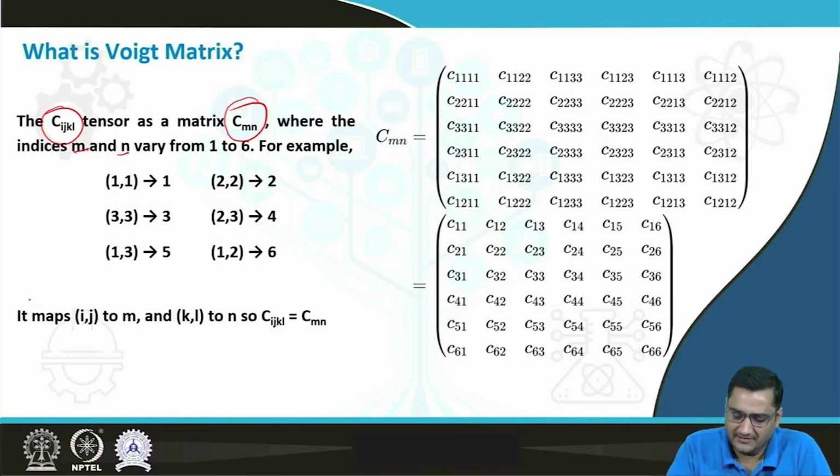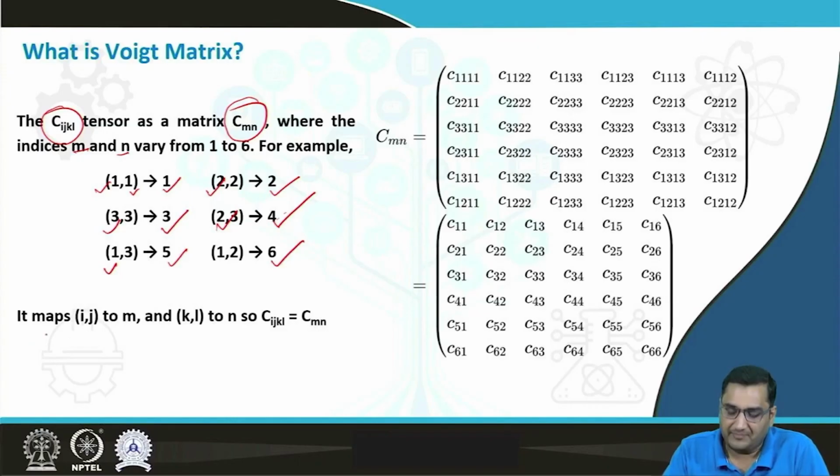For example, 11 can be written as 1, 22 can be written as 2, 33 can be written as 3, 23 can be written as 4, 13 can be written as 5, and 12 can be written as 6.